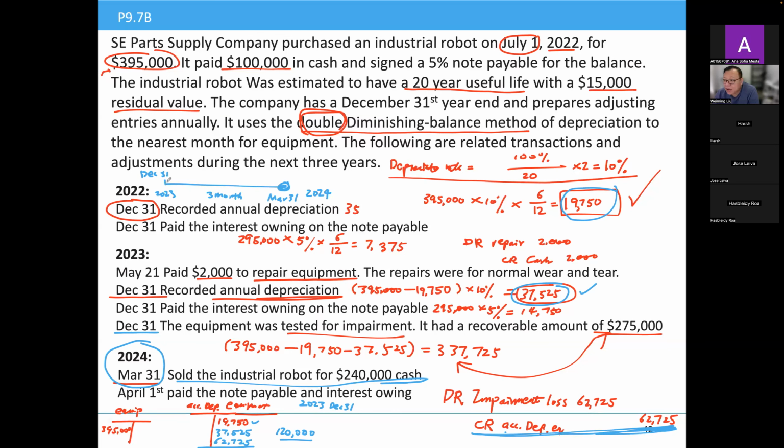My last depreciation calculation happened December 31st, 2023. Remember, this depreciation calculation was on an annual basis, on the fiscal year end. Now we are selling the asset, and time has gone by since the last calculation. So we have to calculate the amount of depreciation since the last calculation, okay?